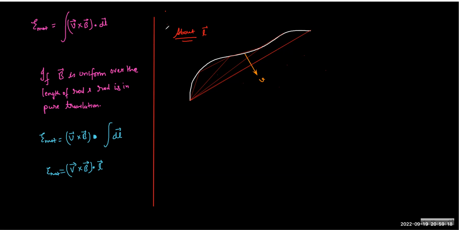So if we have a rod, this again is a peculiar condition. If we have a rod in which the V itself is parallel to the length of the rod, and if the magnetic field is, let's say, transverse, so V cross B will be upward.